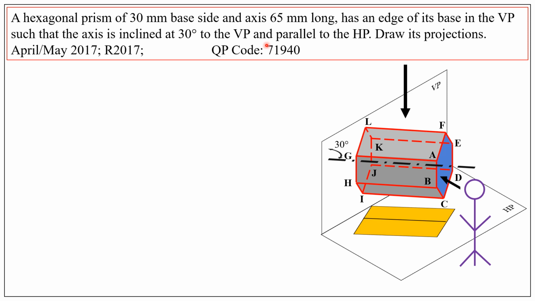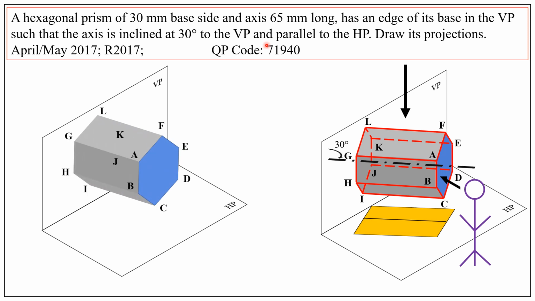We assume, hence, the solid hexagonal prism is initially resting with its base on the vertical plane rather than resting on one of its base edges.